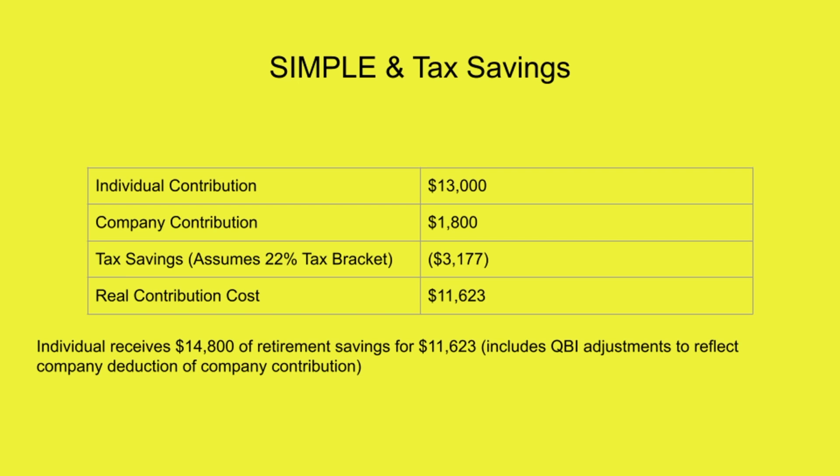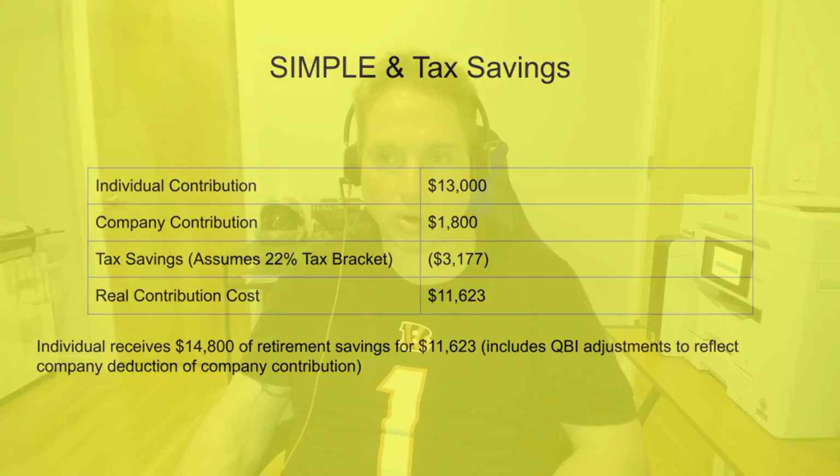Again, you received retirement savings of $14,800, and when you factor in the tax savings, it only cost you $11,623. Now imagine if you keep doing that year after year after year. Again, that is contributions from the individual side where you are the employee, and contributions from the company side where you are the company owner, and this assumes a salary of $60,000 a year that you're paying yourself before the profit that you would also pay taxes on.